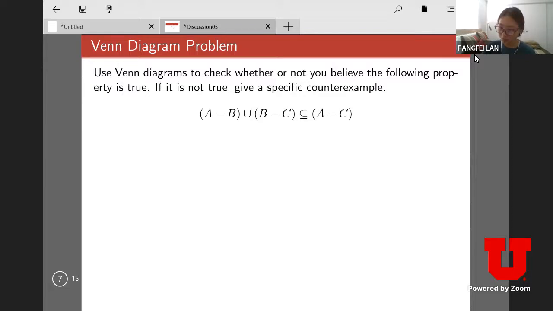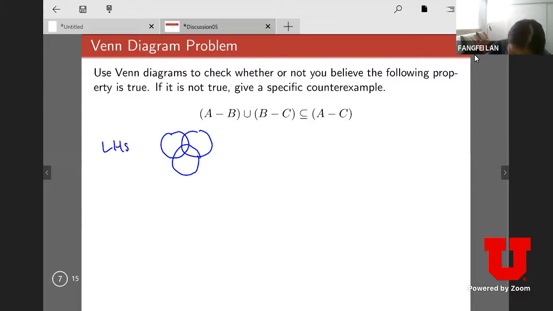We basically do the same thing again, right? So we have left-hand side. I actually think drawing Venn diagrams is really helpful, at least for people who like to visualize things. So we have A, B, and C. Let's label them A, B, and C.